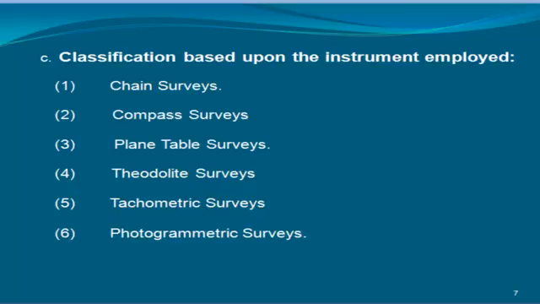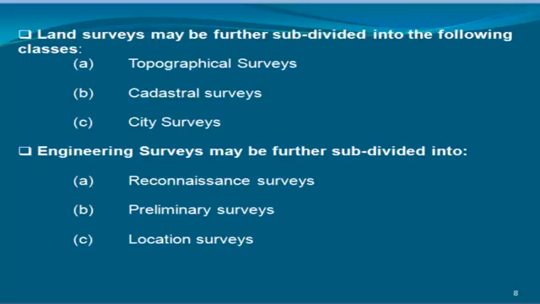Now the land survey may be further subdivided into the following cases: topographical surveys, cadastral surveys and city surveys, and engineering surveys may be further subdivided into reconnaissance survey, preliminary survey and location surveys. First, topographical surveys.